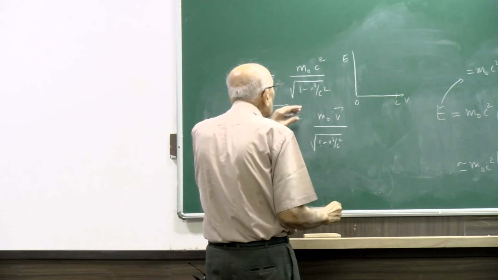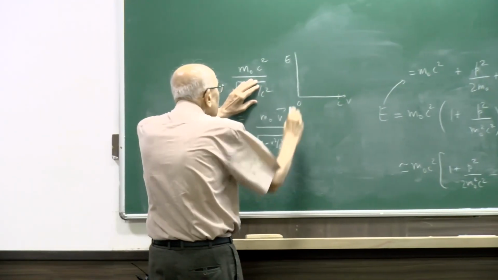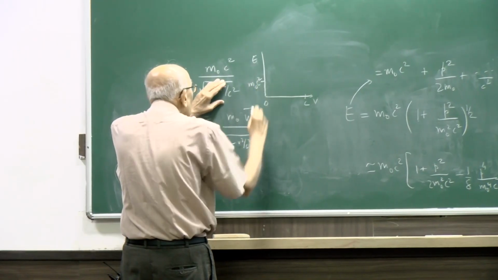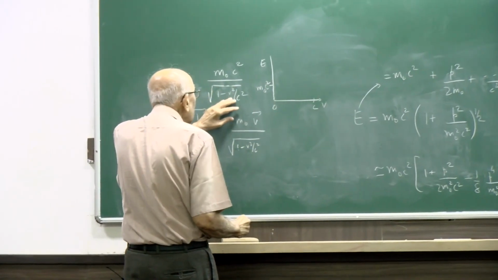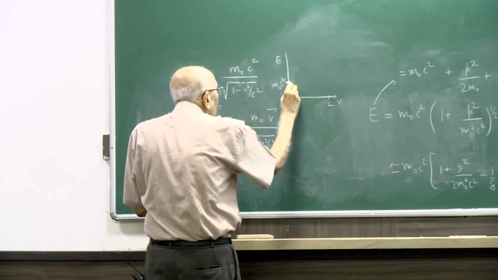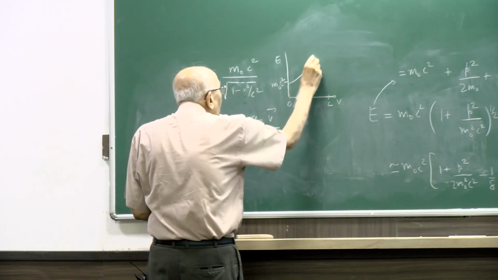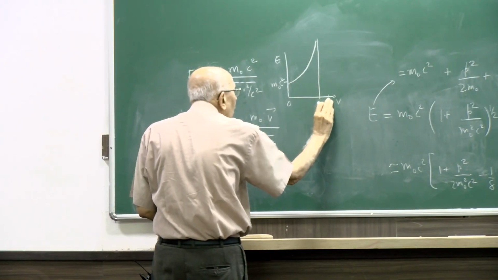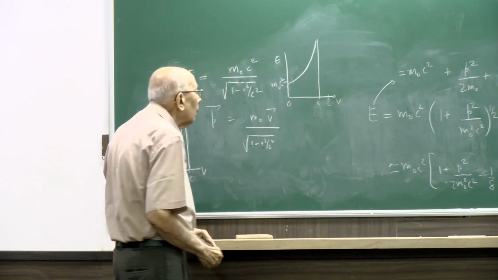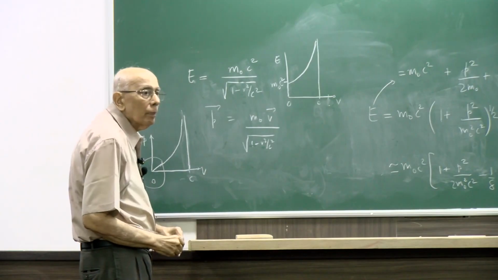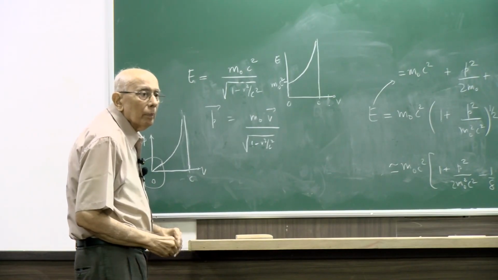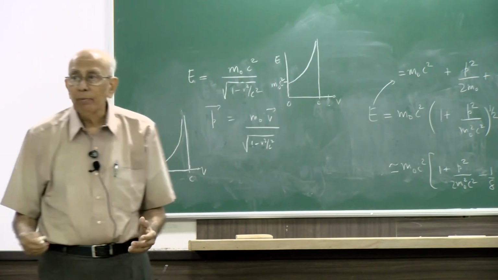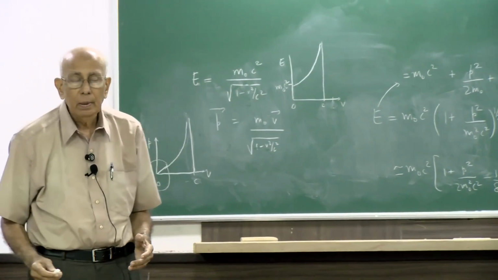When v is 0, it's just the rest energy here, m naught c squared. And when v becomes c, it blows up. That explains why you can't exceed c, because you need infinite energy to do that.